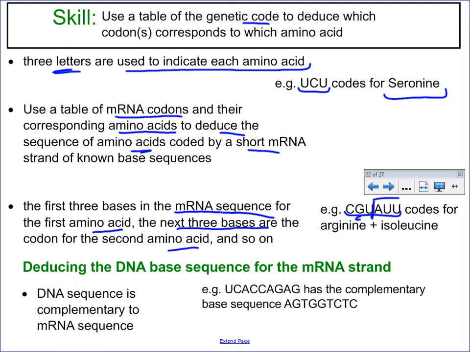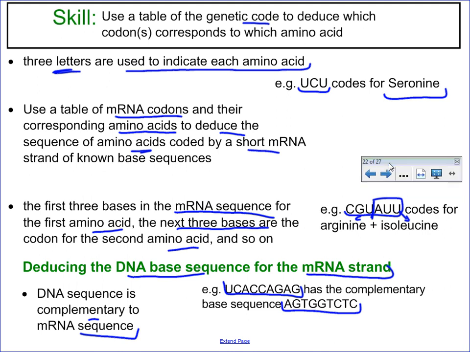And the next 3 bases would be used to figure out what amino acid would be coded for, which in this case is isoleucine. Now, if you have to deduce the DNA base sequence for the mRNA transcript, basically the DNA sequence is going to be complementary to the mRNA sequence. So this RNA sequence would have the complementary DNA sequence of the following letters.